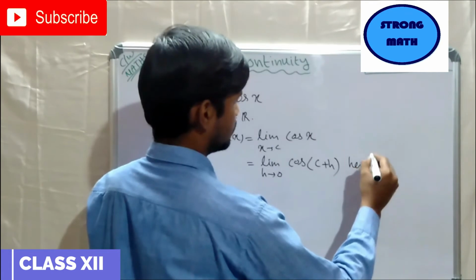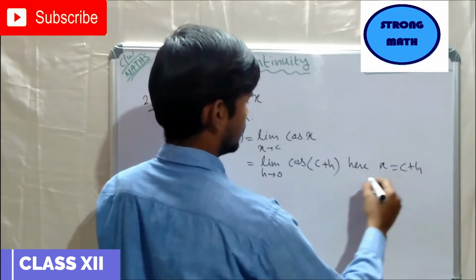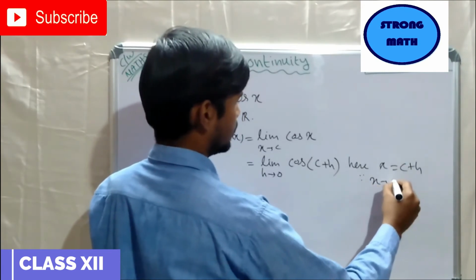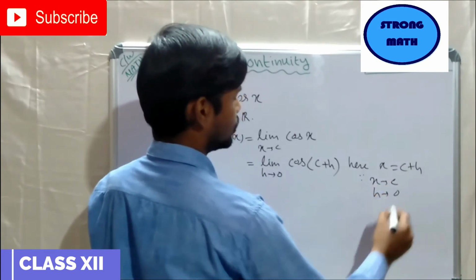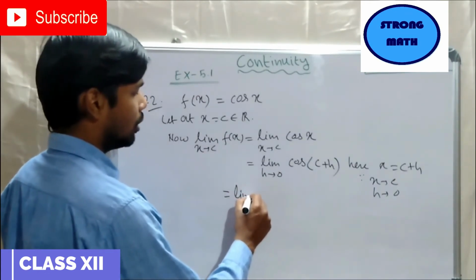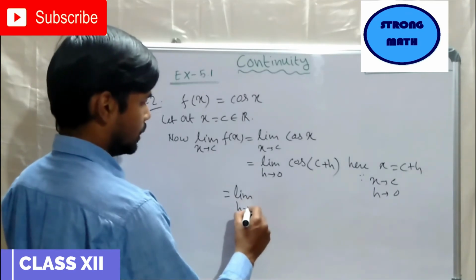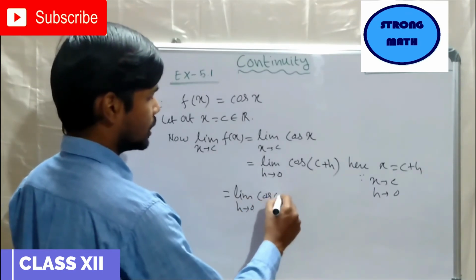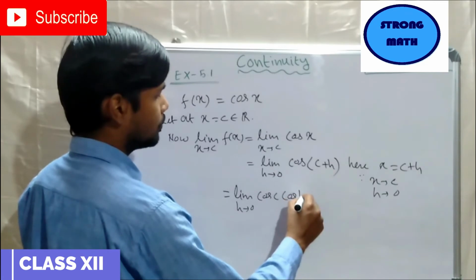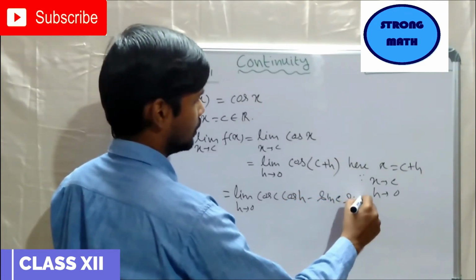Here we substitute x = c + h, since x tends to c, hence h tends to 0. Now apply the formula of cos(a + b): limit h tends to 0 of cos a cos b minus sin a sin b.